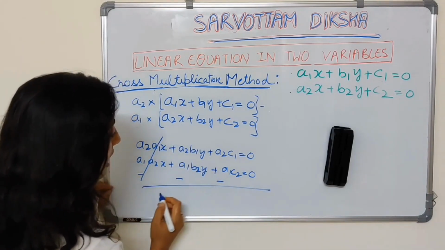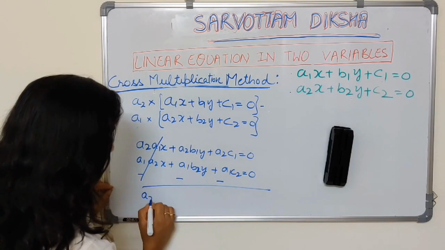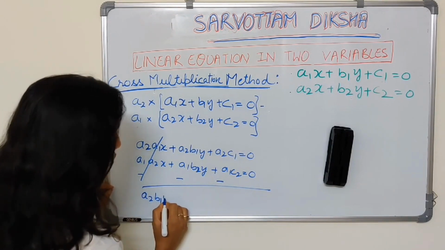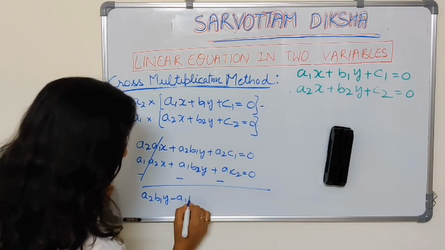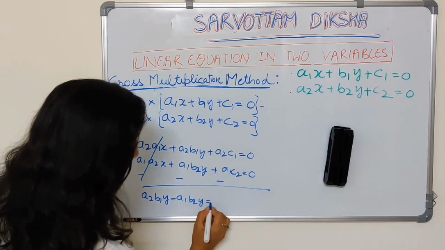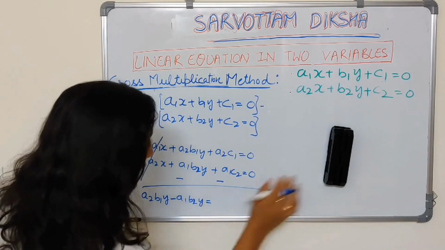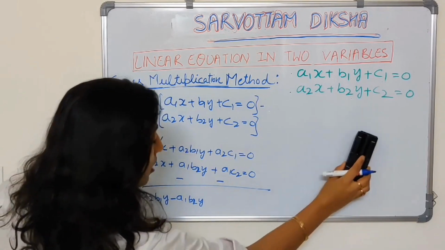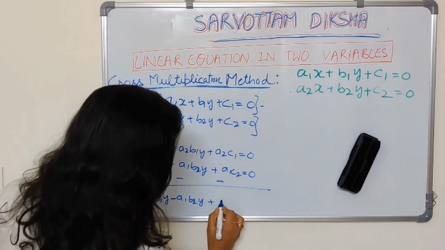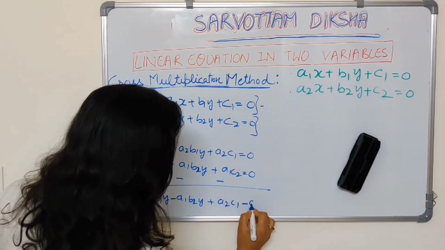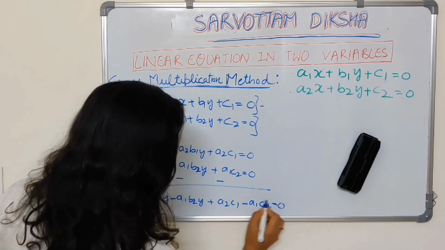And what will I get as coefficient of y? I will get a2b1y minus a1b2y, and let me keep my constants here only, a2c1 minus a1c2 equal to 0.